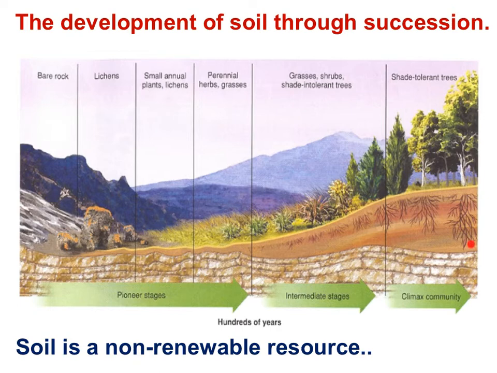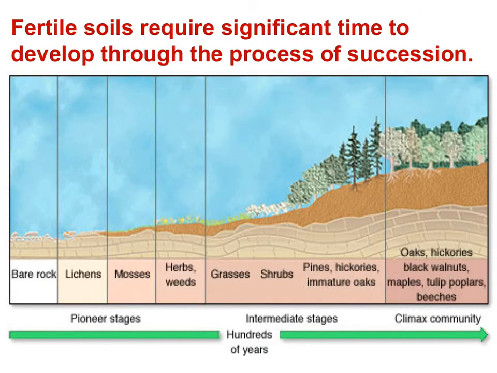Notice the soil structure here. Horizons are apparent in well-developed soil, where biological mixing and leaching contribute to the organization of soil. Here's another diagram displaying the long process of soil development over successional time. Climax stages of succession often have well-developed, fertile soils.